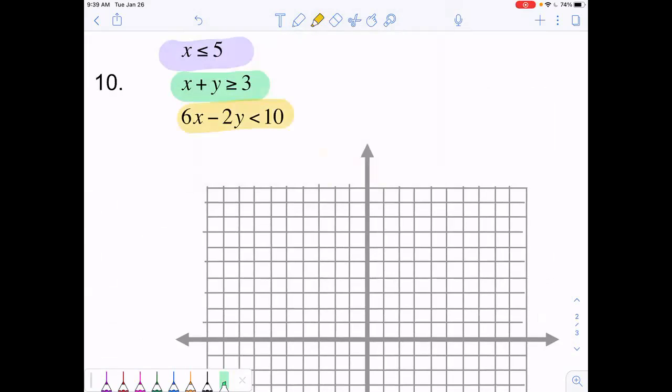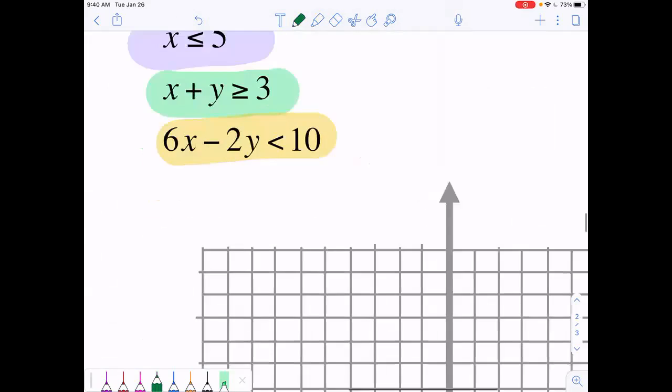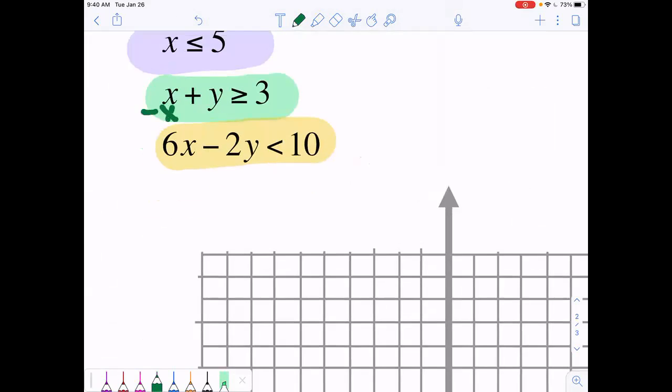3 different shades here. The first inequality is done. We don't have to solve it, but let's solve the second one so that we have y by itself. So I would want to subtract x to the other side. Then I write it as y greater than or equal to negative x plus 3.